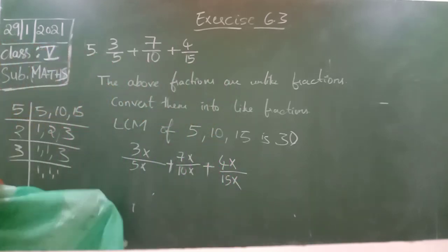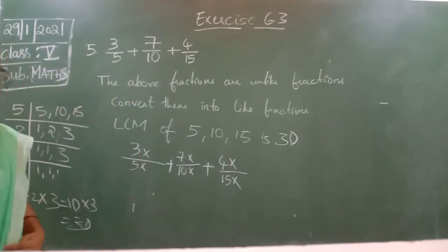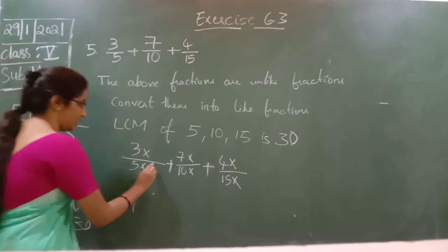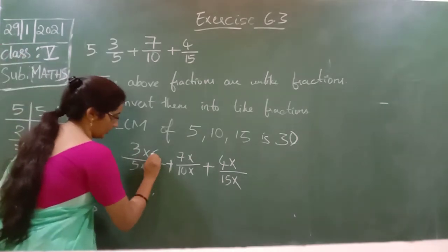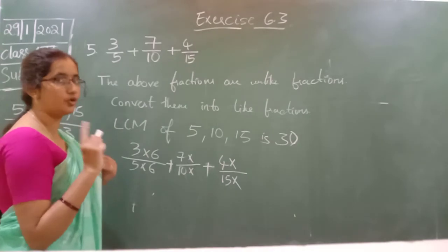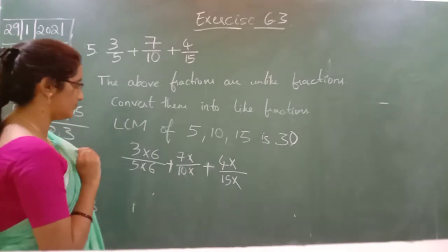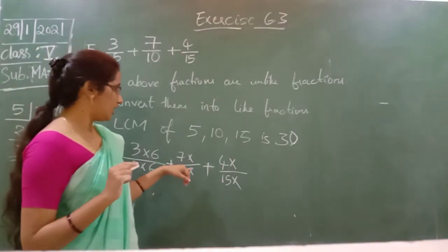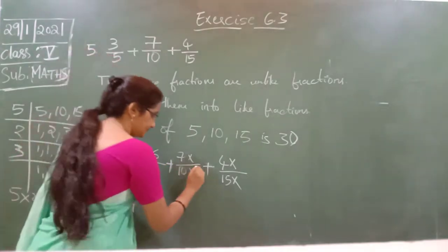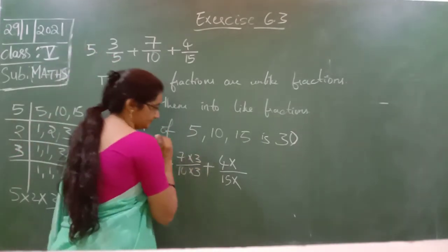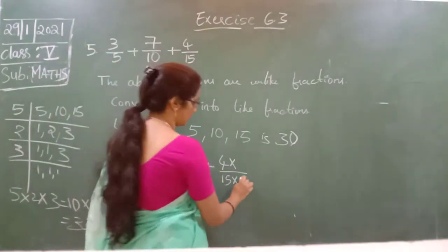Here 5 into 6 is 30. So 5 into 6, and we have to multiply the same number in numerator and denominator, please remember. 10 into 3 is 30. 10 into 3. 15 twos are 30.